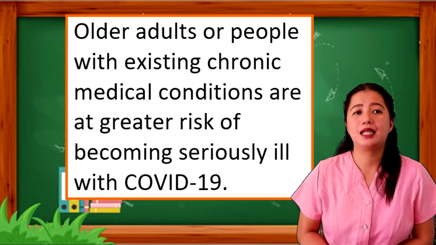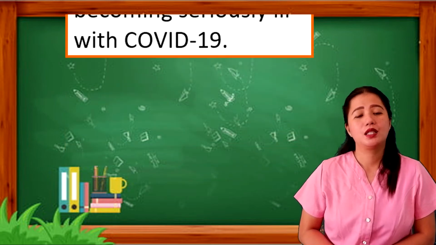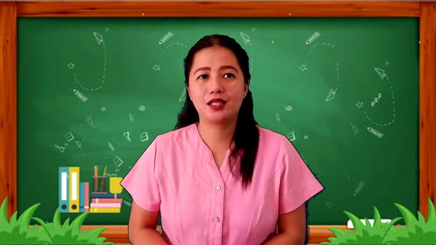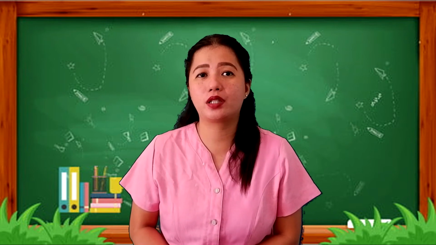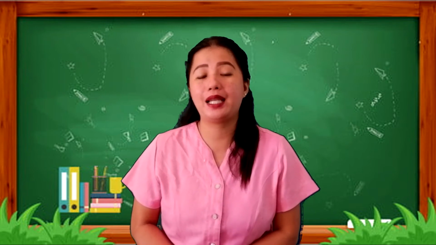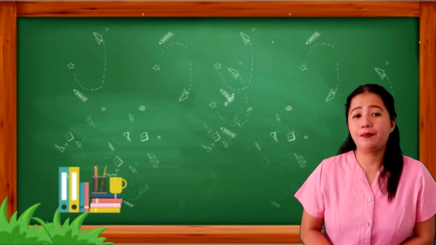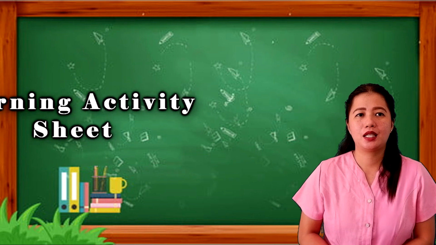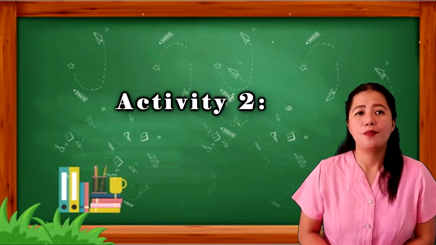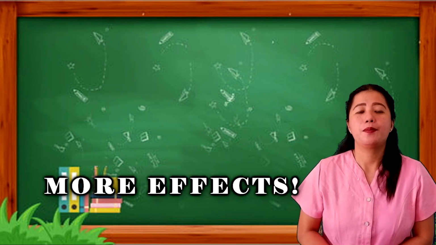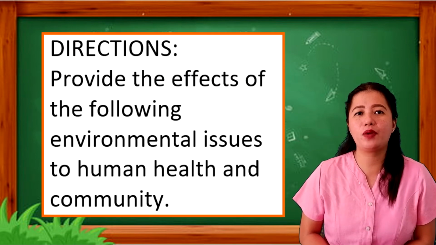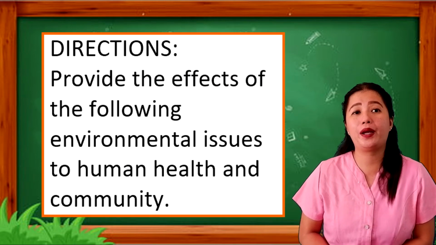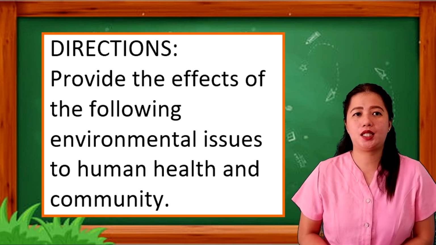Now, in this part, you will need to have a closer look and take more time in analyzing. Kindly refer to your learning activity sheet. Activity 2, more effects. Provide the effects of the following environmental issues on human health and community.